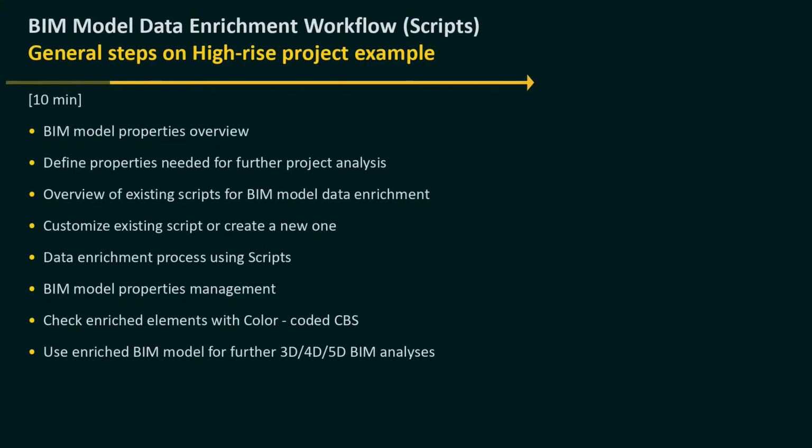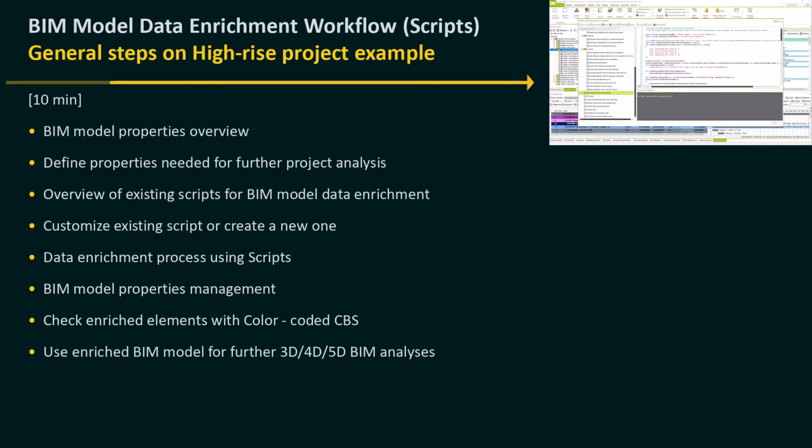If we go further, we see the general steps for the data enrichment workflow using scripts available through the BEXEL Manager API console, on an example of a high-rise project.